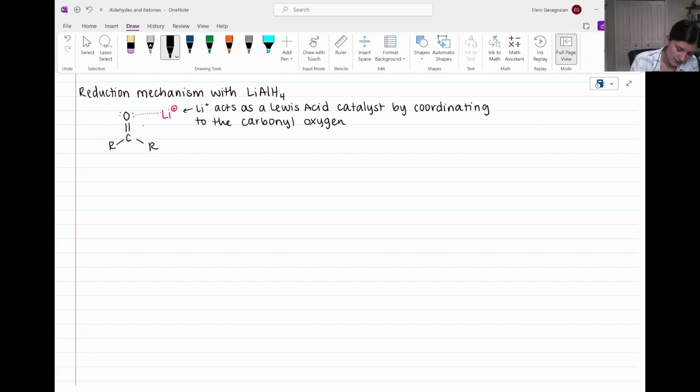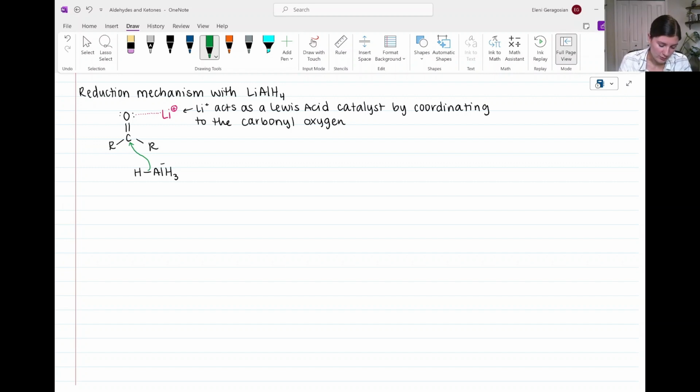Then we have our aluminum hydride. There are 4 hydrogens total. We will emphasize that one bond to one of the hydrogens to show that that is what is then being added. So the hydrogen with the electrons in the bond, we show that by the arrow starting at the bond.